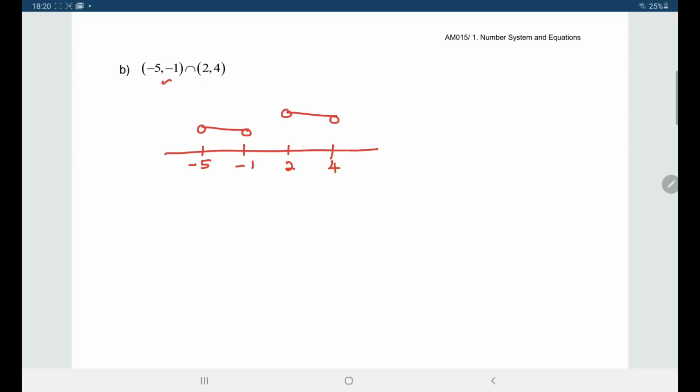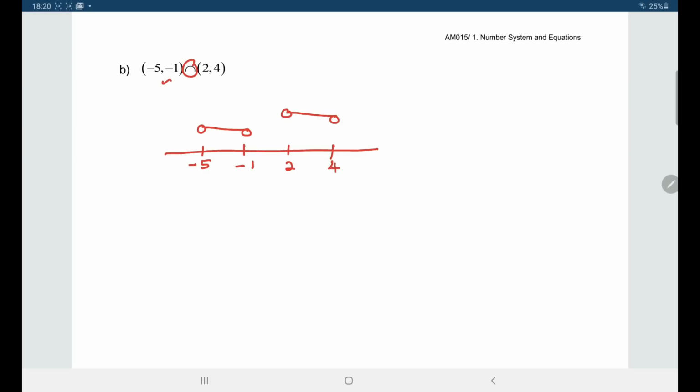What is the solution? Okay, we go to the solution. Refer to the sign. The sign is intersection. Okay, what is the intersection? Intersection is the set of elements belonging to both intervals.